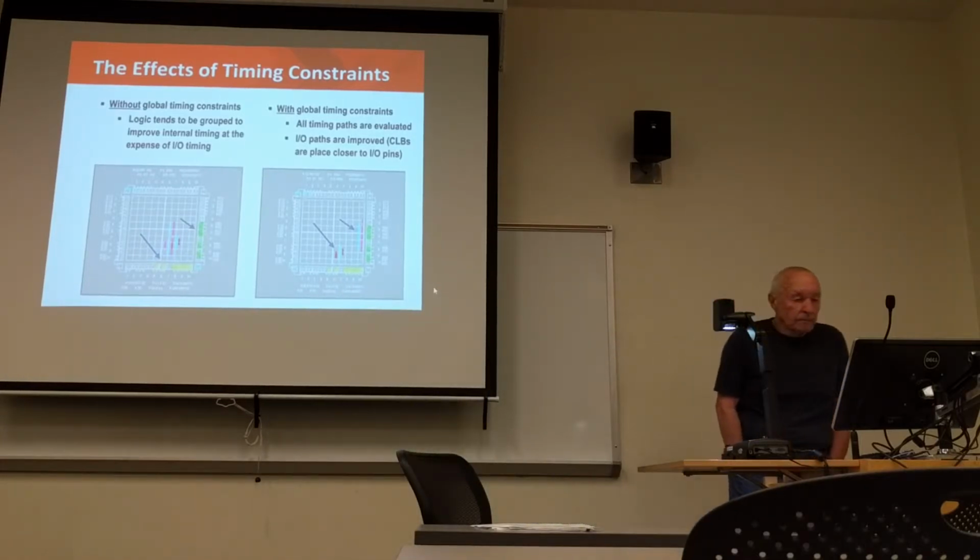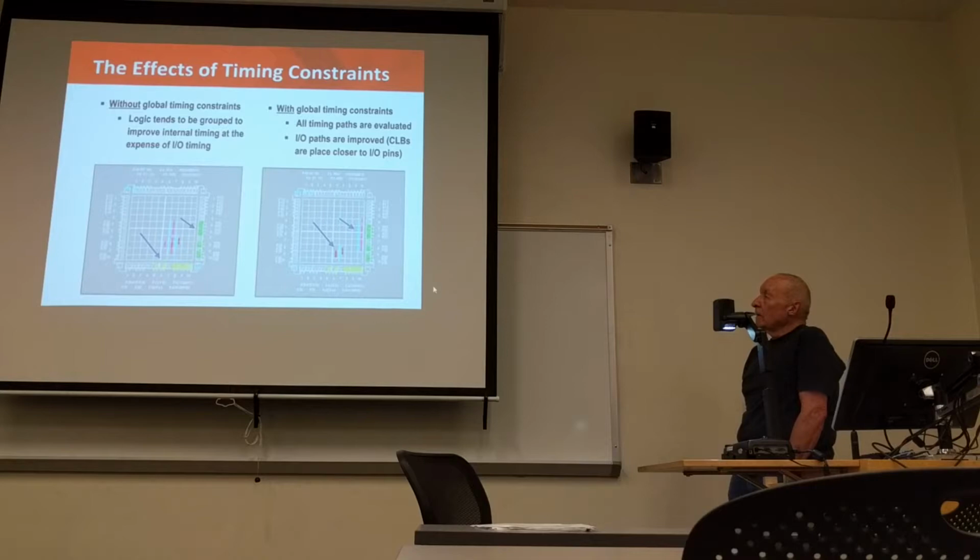Now, on the right-hand side, the same design was implemented with global timing constraints. This required the use of input, output, and internal timing constraints, which forced the implementation tools to move the logic closer to the I/O pins to improve on-chip and off-chip timing. Now note that the logic is placed closer to the I/O pins due to the input and output timing constraints.